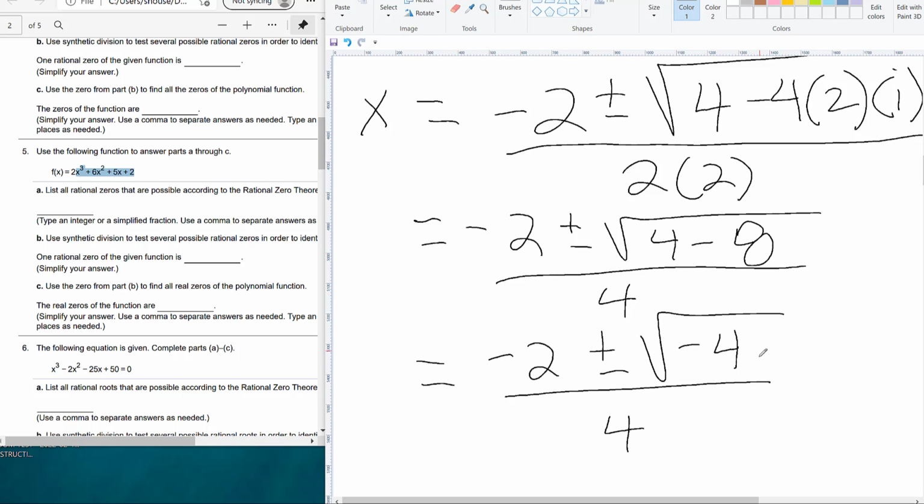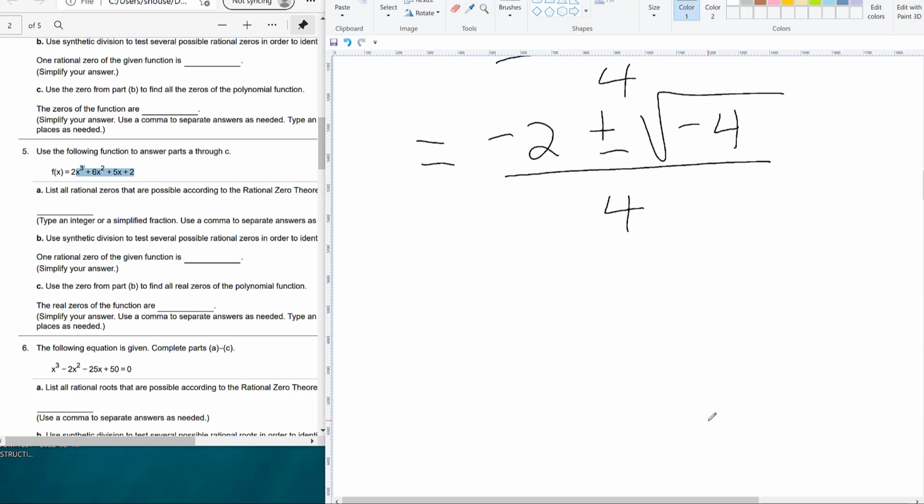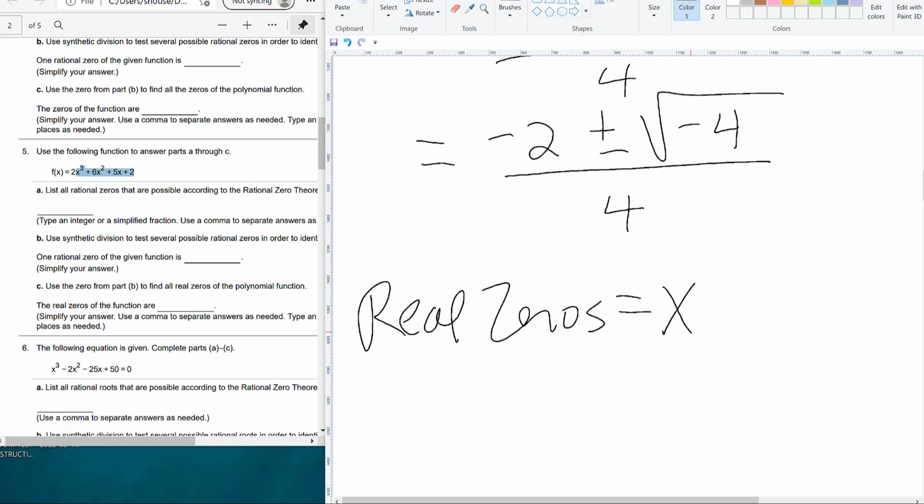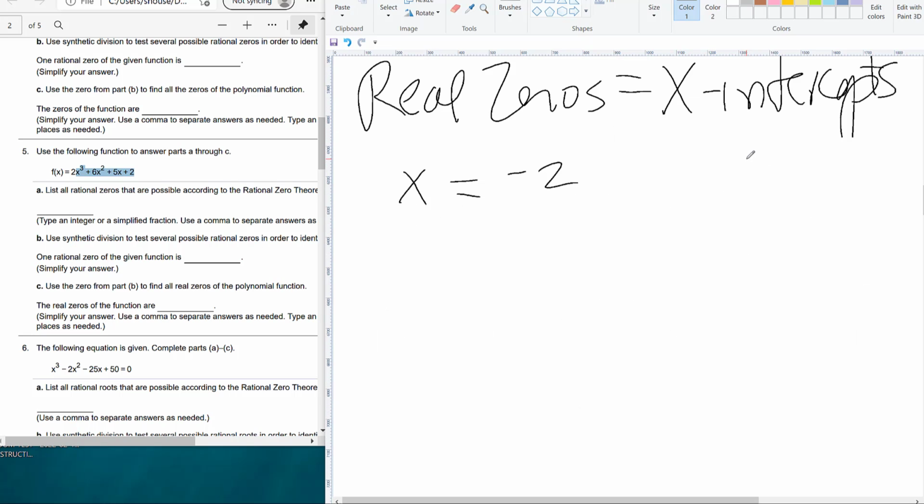Now this is not a real number, and you'll notice they ask us in part C just to list the real zeros. Remember, real zeros equal x-intercepts. And for this function, we know that x equals negative 2 is a real zero, and these are going to be complex, because they're going to have an i in them. Remember, take the square root of a negative, you have to put an i.